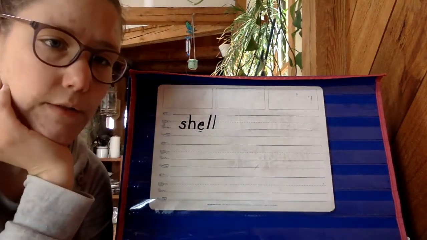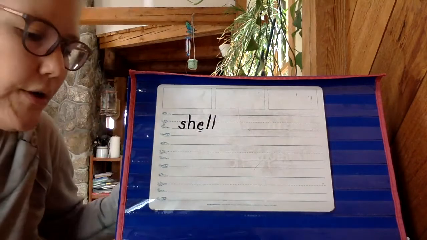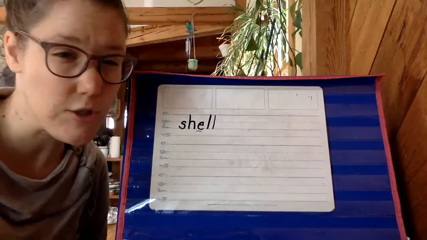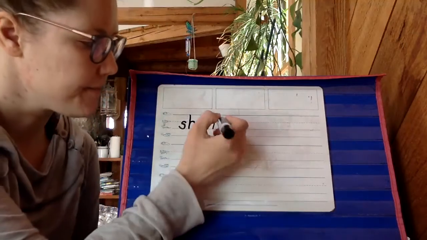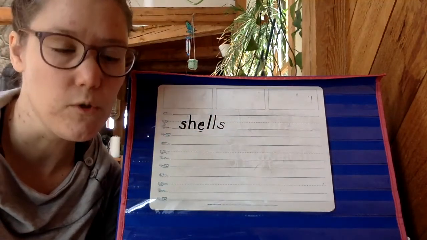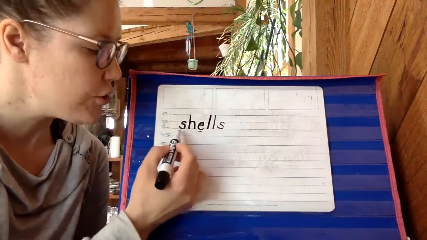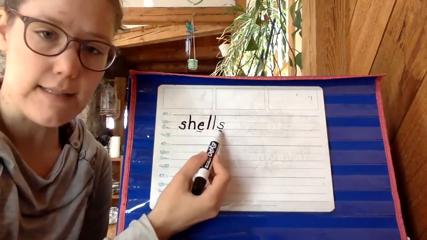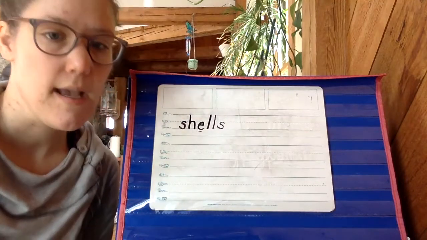Now this word follows the floss rule. Does that mean that we put a suffix S just like we would every other word? Yes. The suffix S gets put on a floss rule word the same way it does any other word. So shell becomes shells, meaning more than one shell. That's what that suffix S does.